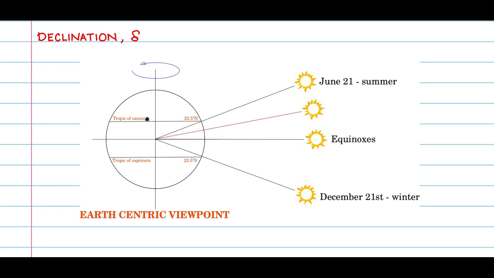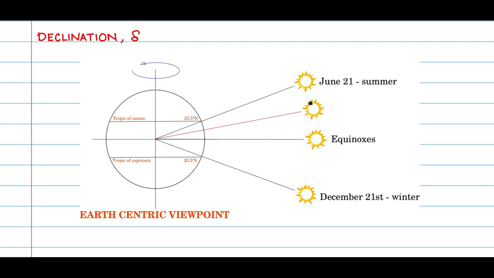Let us look at the model for the declination delta from the earth-centric viewpoint. So this is supposed to be the earth. This is the polar axis. It is rotating about the polar axis, and we saw that the movement of the sun over the year is in this fashion. The sun reaches a height where the line joining the center of the earth and the sun cuts the 23.5 degree latitude north, which is the Tropic of Cancer.